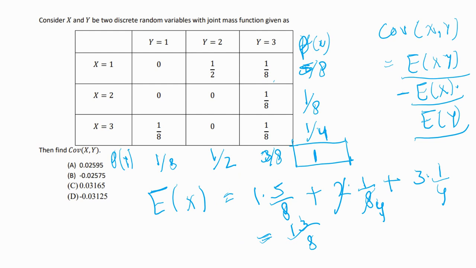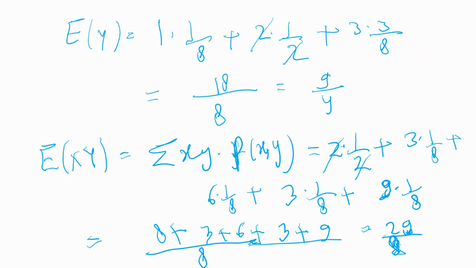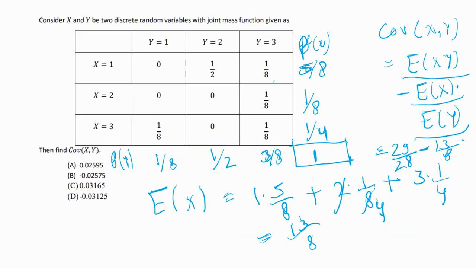Okay. So now covariance is what? Just 29 by 8 minus 13 upon 8 times 9 by 4, right?